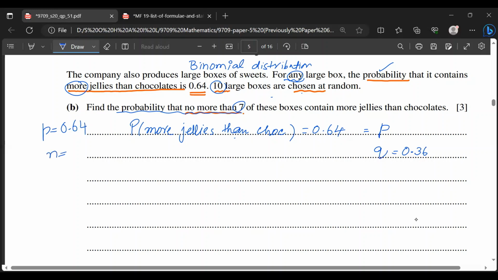So this is a question of binomial distribution. If we take the random variable X, it has a binomial distribution with 10 trials because 10 boxes are chosen at random, and the probability that it contains more jellies than chocolates is 0.64.